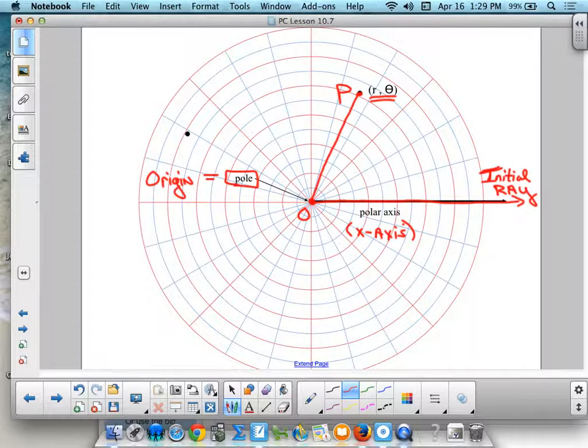How far is the radius? How far is that? Well, you could sit there and count. Or you could just kind of eyeball it back to the polar axis and then start counting from here. 1, 2, 3, 4, 5, 6, 7, 8, 9, 10. What do you think it looks like? What do you think I'm at?